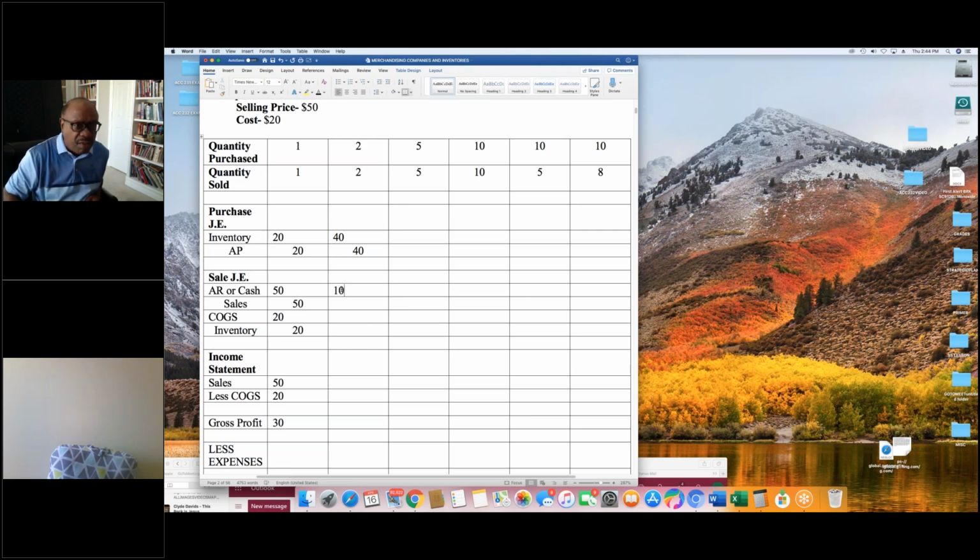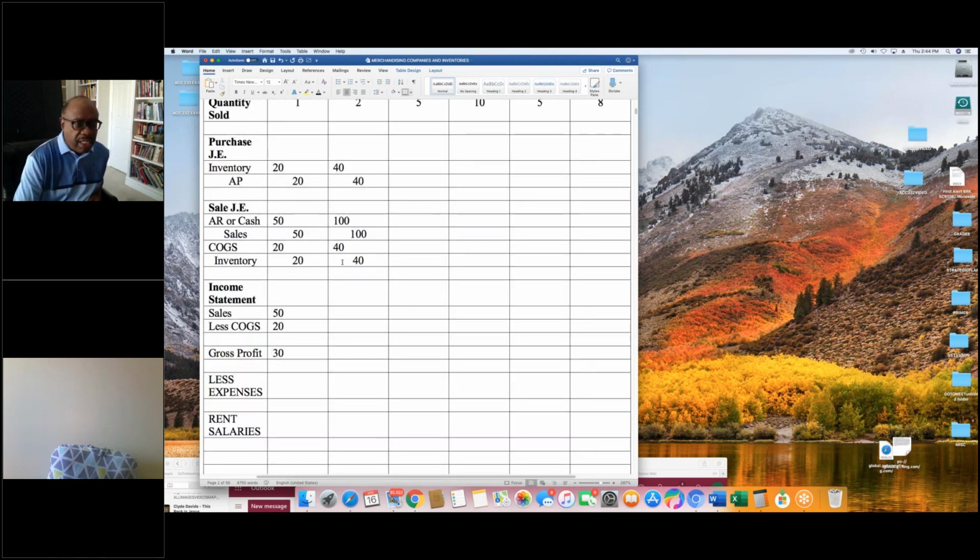So we debit accounts receivable or cash for 100, and we credit sales for 100. Cost of goods sold will be debited for 40. Inventory would be credited for 40. And when we did the income statement, we now have sales of 100. We have cost of goods sold of 40. And the gross profit is 60. Any questions?